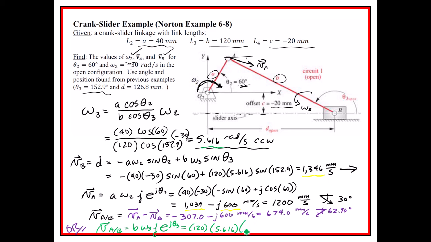And then that's times the negative sine of 152.9, plus j times the cosine of 152.9. And what we're left with is going to be equal to negative 307.0 minus j.